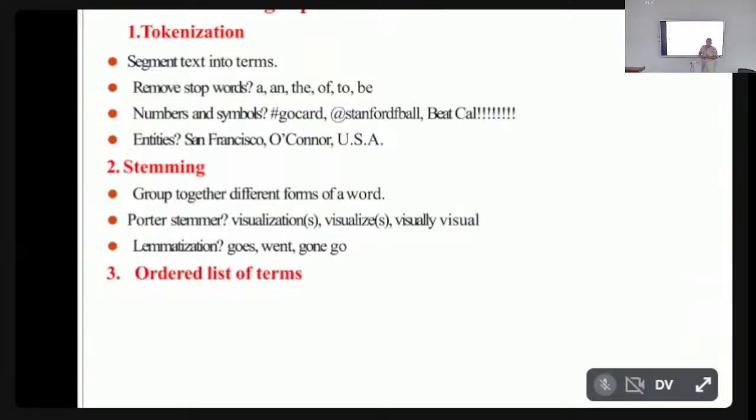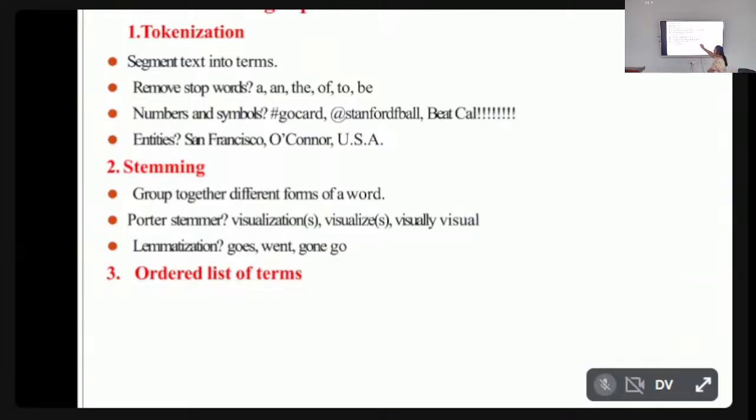What do you mean by stemming? Similar words are put together. Group together different forms of a word. Means what? If I say hello, another form of hello is what? Hi. So these two are together. You are collecting similar words into one pattern.